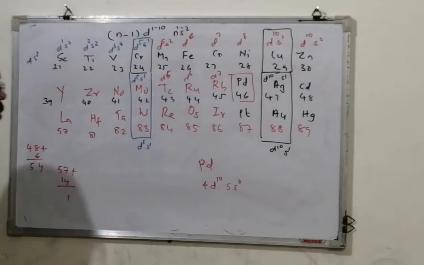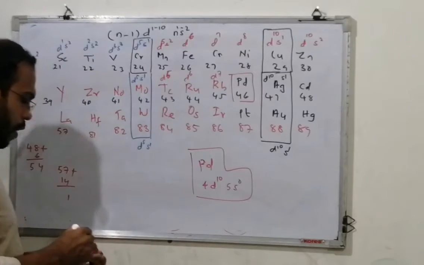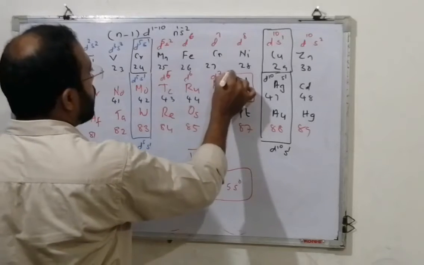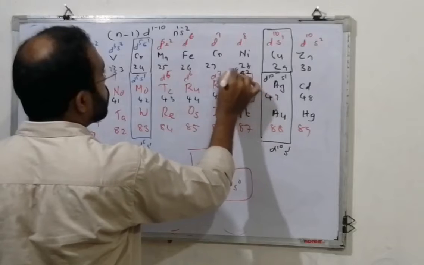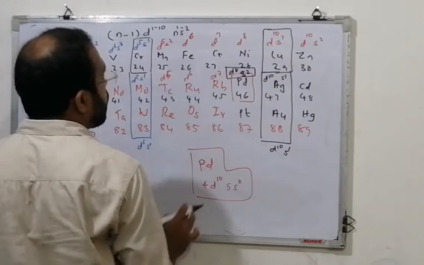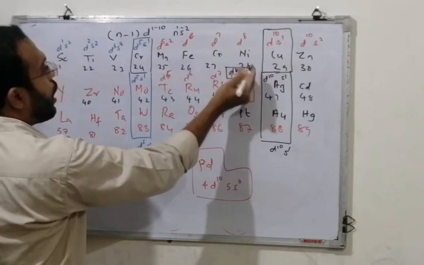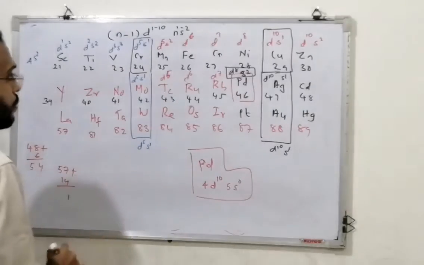Be very careful with this electronic configuration. As usual, we expect d8 s2, but it doesn't have that. The s electrons are also transferred, and palladium shows this one. Please be careful.